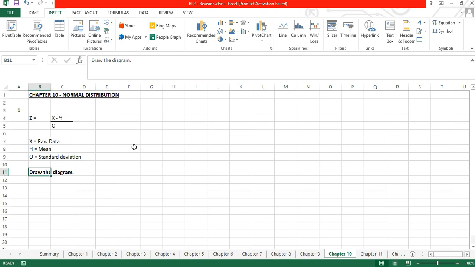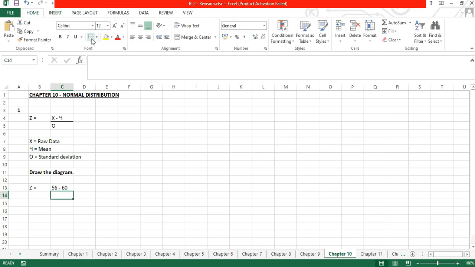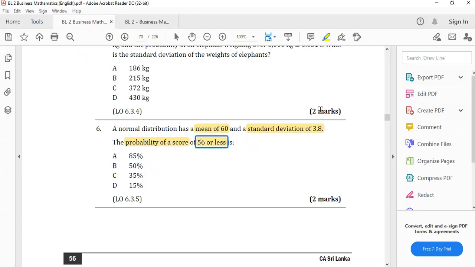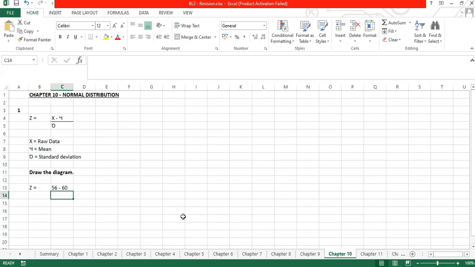Now let's apply this to the question. The z-score equals the raw data, which is 56, right, minus the mean, which is 60 as per the question, and then divided by the standard deviation they have given, 3.8.